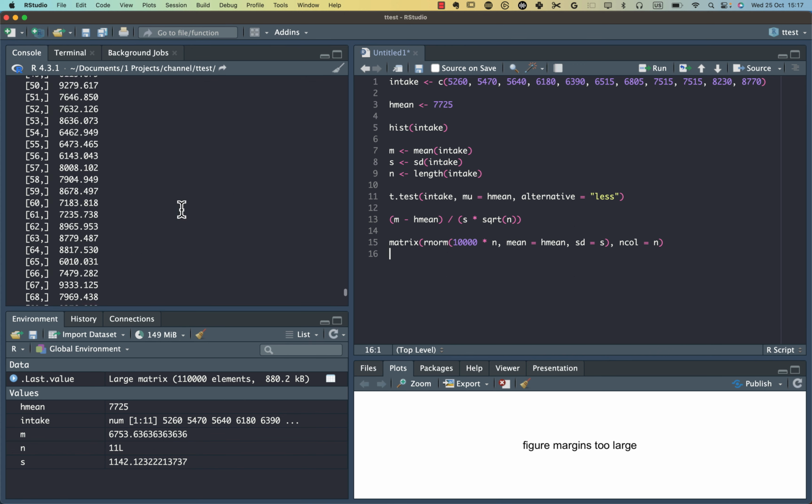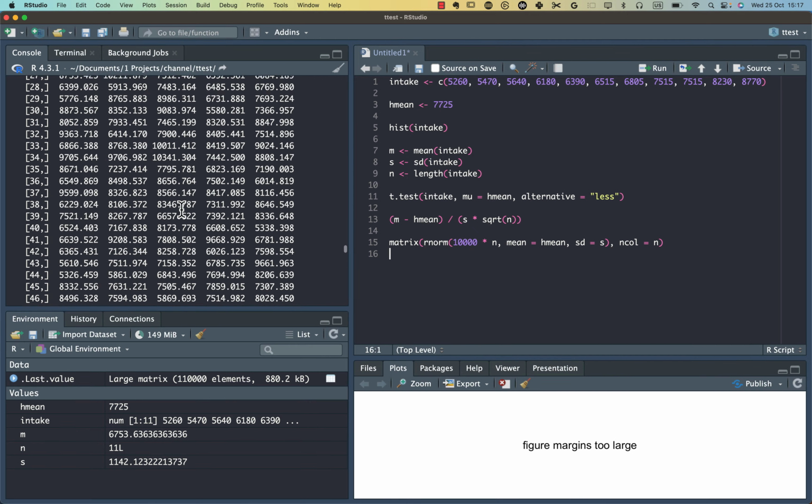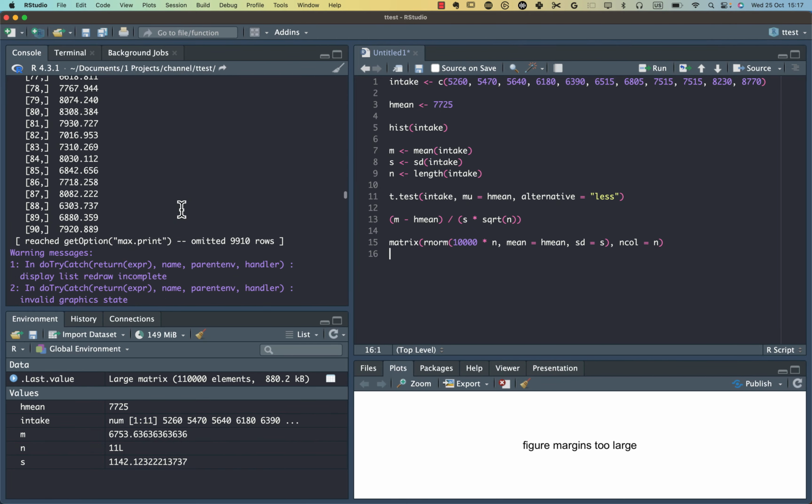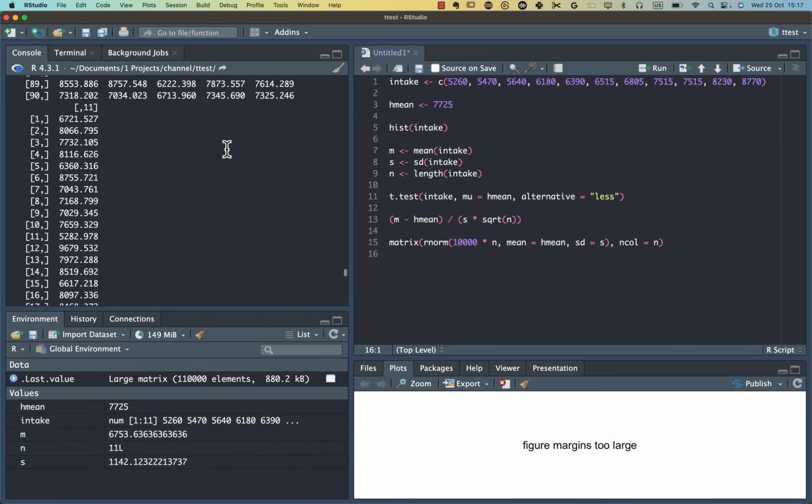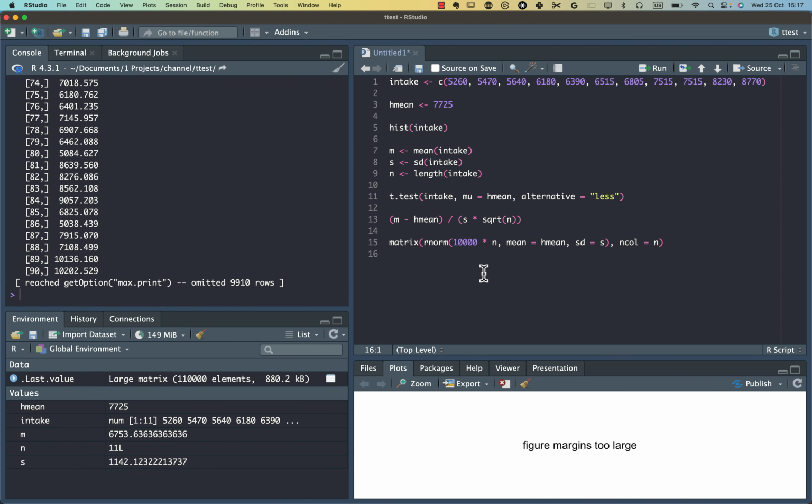There you go. It doesn't quite fit the screen here, but it has generated a matrix with 11 columns in total.